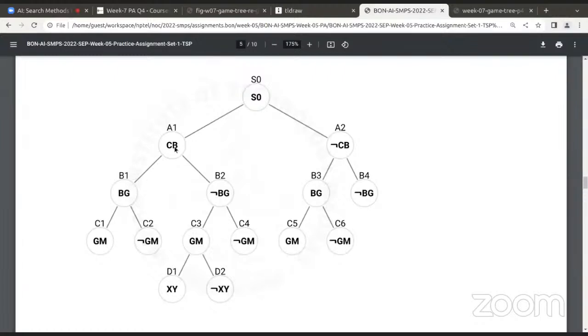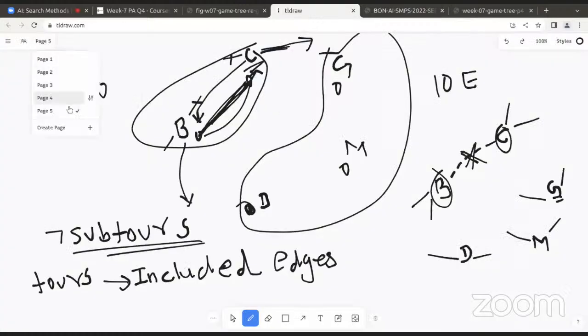Now, in fact, with the graph, it is easy to exclude and include things. If we navigate with the graph, we know what we are excluding and what we are including. So including CB and BG, for example, let me put it here.